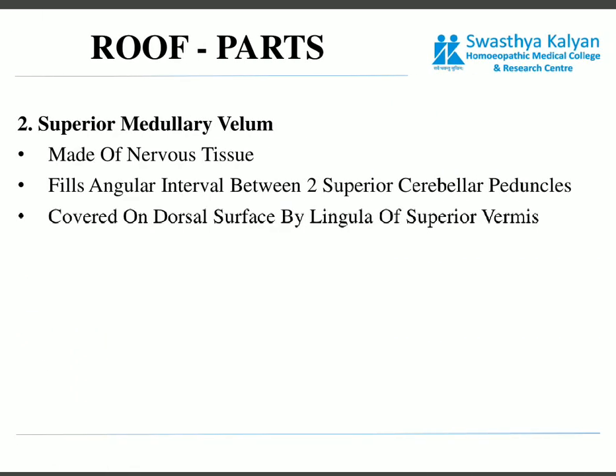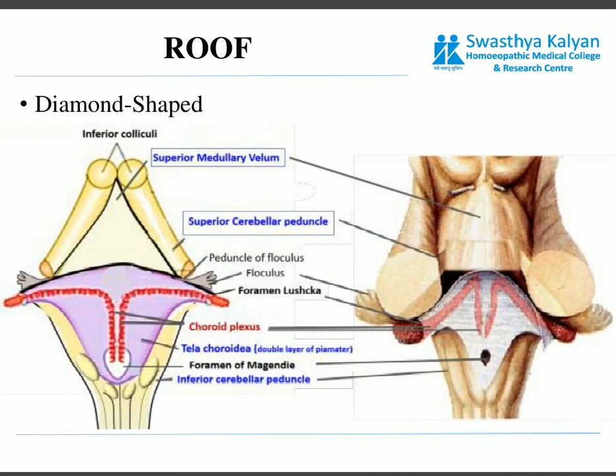The second structure is the superior medullary velum. This is a thin, transparent lamina of white matter made of nervous tissue, and it fills the interval between the superior cerebellar peduncles.